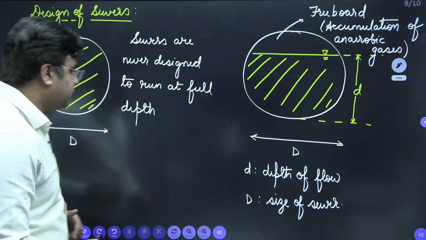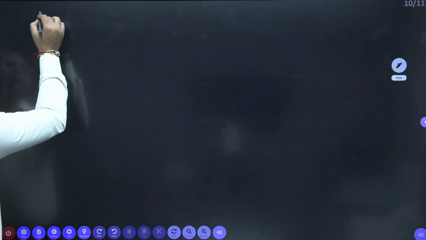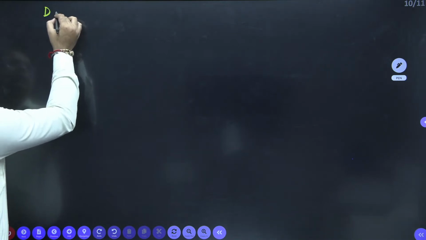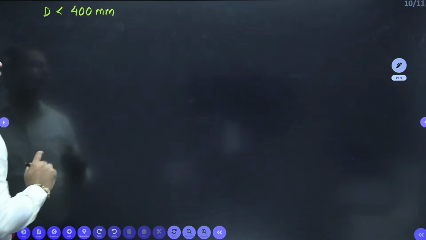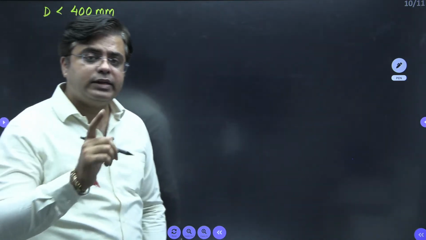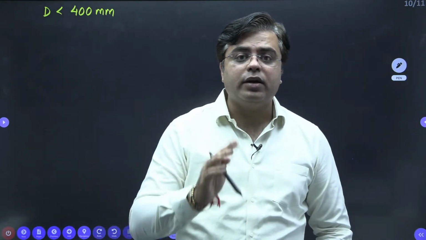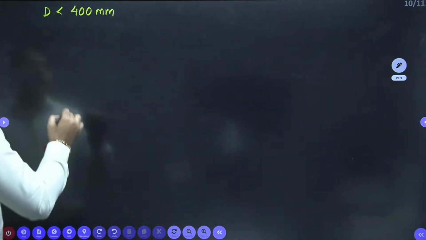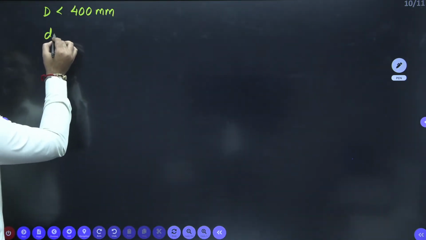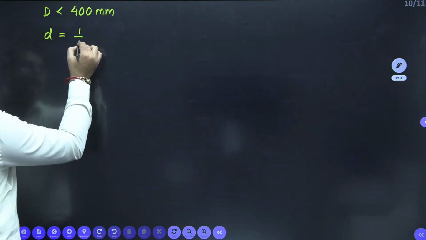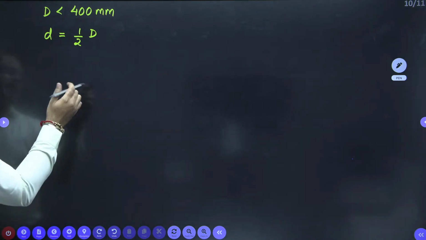Okay, now we'll start with this. If the size of the sewer is less than 400 mm, then these sewers are designed to run half full. It means your depth of flow will be equal to half of the size of the sewer.